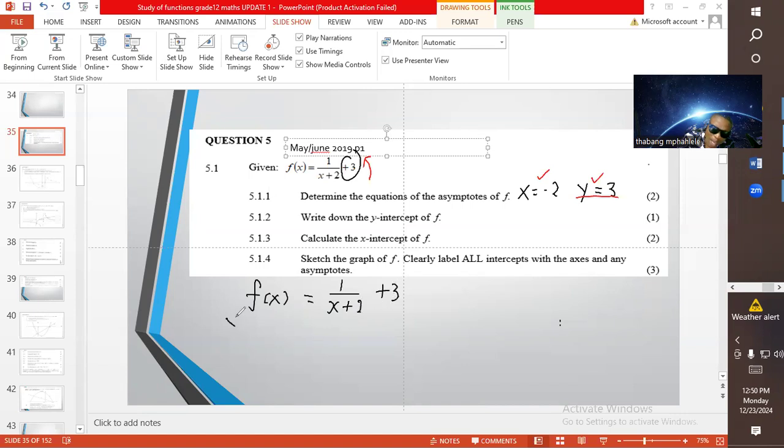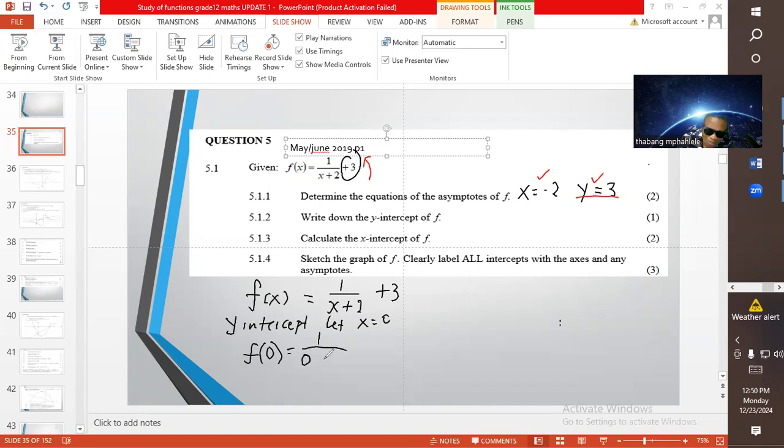So you say y-intercept. You are looking for the y-intercept. You say y-intercept, let x be 0. So I'm going to say f of 0. This simply says in the function f, I'm substituting x with 0. f of 0 equals 1 over, where there is x, you put 0.